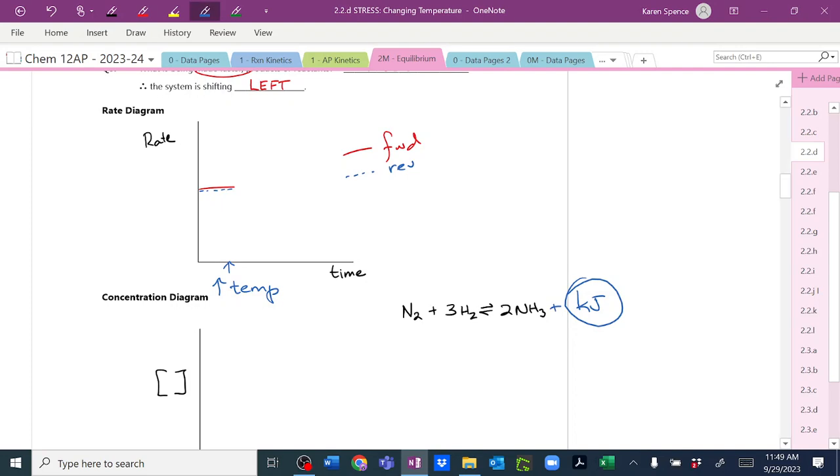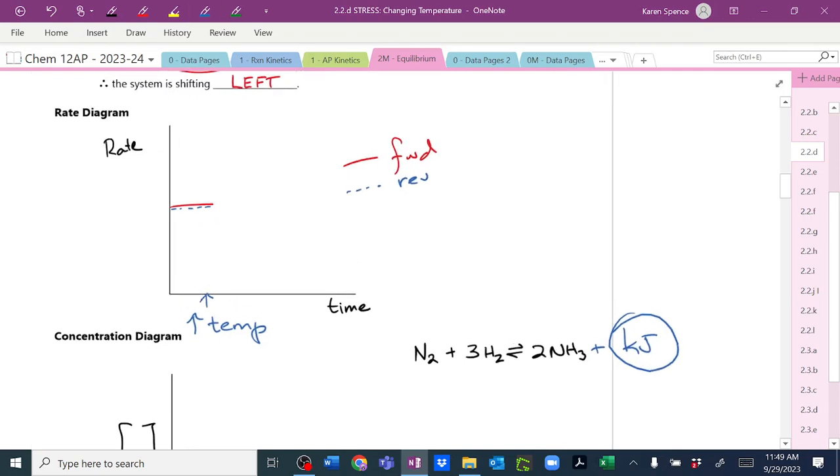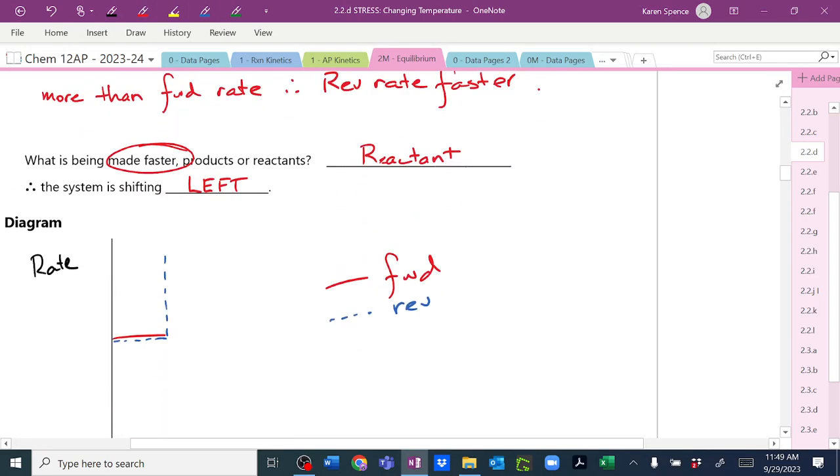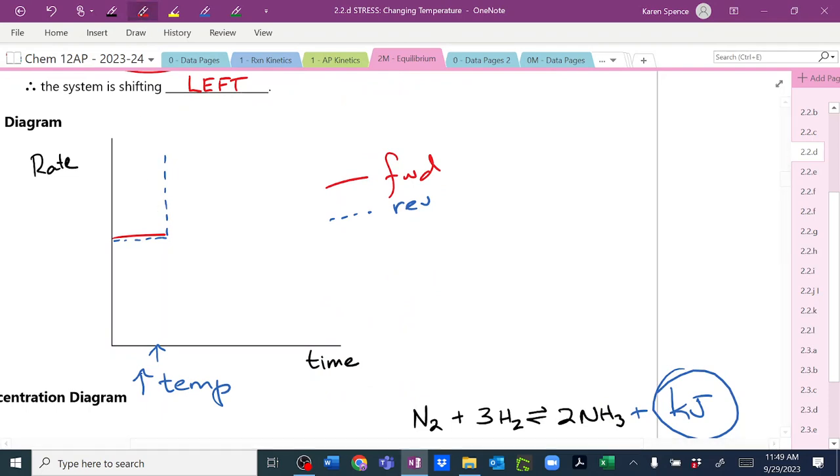Can you finish the first graph, the rate diagram, so I can draw it up there so you can check it? Did we increase temperature? Yes, we did.